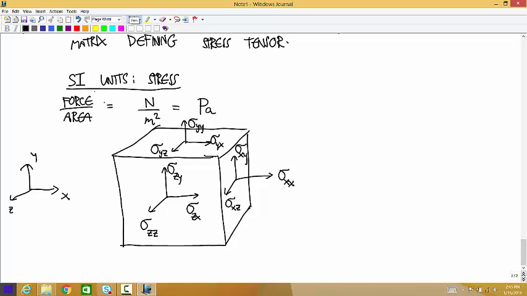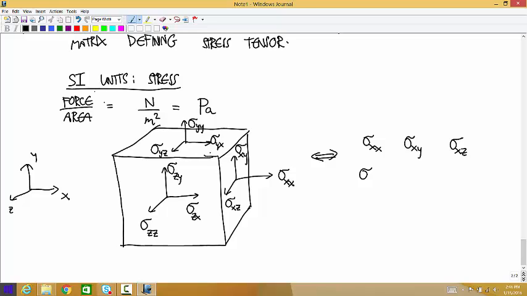And this corresponds to the stress tensor matrix in this way. Mathematically, this is represented as sigma xx, xy, xz. Now this one would be the yx element, but because of what I said before about equilibrium, we know that the xy element has to be equal to the yx element.